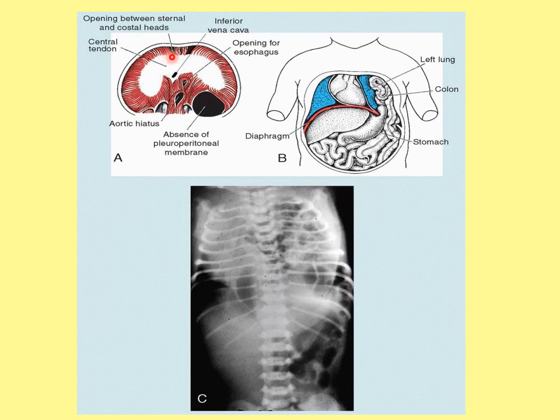Number 2, there is the opening present anteriorly between the sternal and the costal heads of the diaphragm. This is known as the sinus of Morgagni, and it is for the passage of the superior epigastric vessels, the terminal branch of the internal thoracic artery, which enters through this gap into the abdominal cavity.